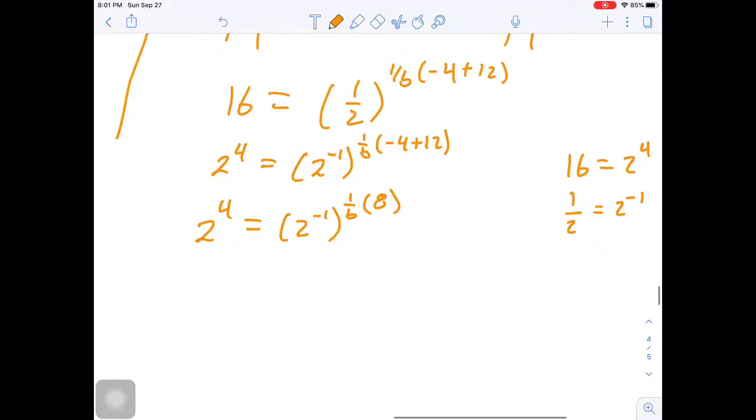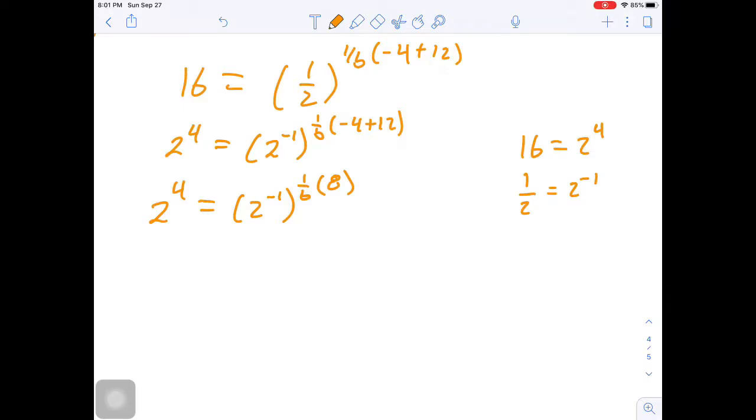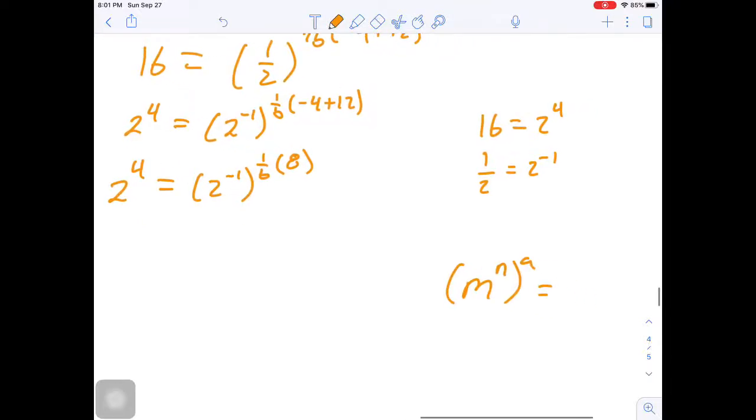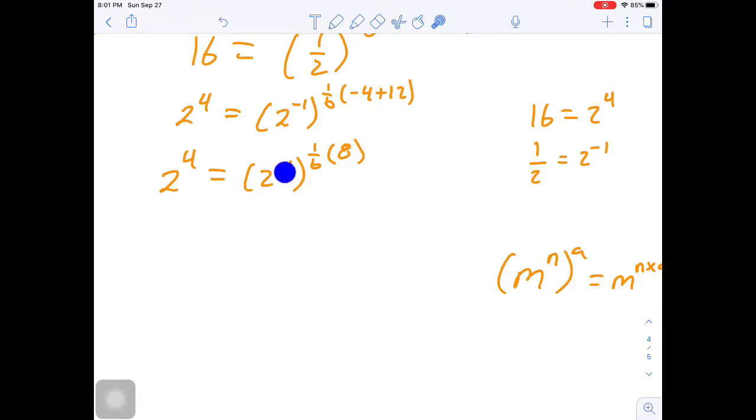And then here, we have to apply another exponent law. Where we have m to the power of n to the power of a, we just multiply our exponents. So I'm going to multiply negative 1 times 8 times 1 over b.